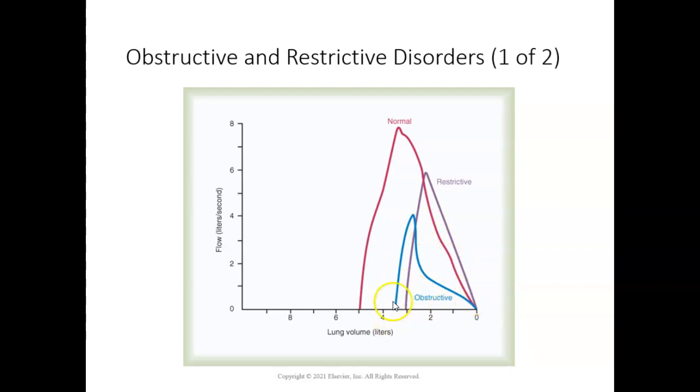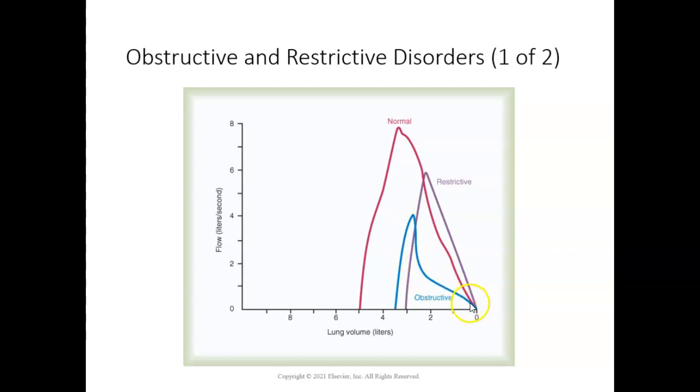In obstructive diseases, I can't achieve as much of a peak flow because those airways are narrowed, so my flow rate slows way down. Instead of having a peak flow up here, my peak flow is only here. It's going to take me a lot longer to get down to baseline, and the scooping out effect is from the tightening of those airways and the difficulty for that last little bit of air to come out.